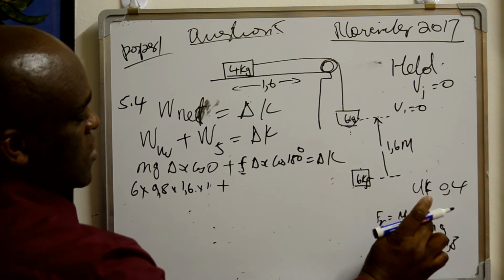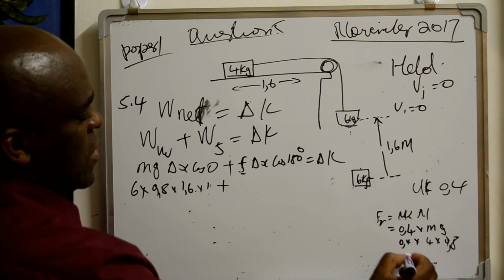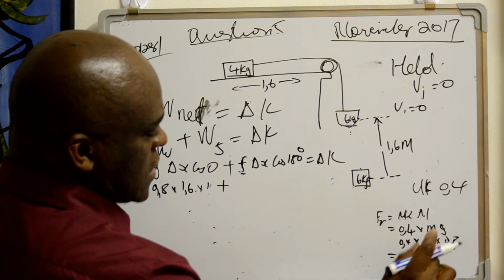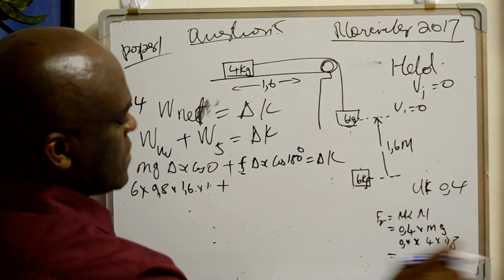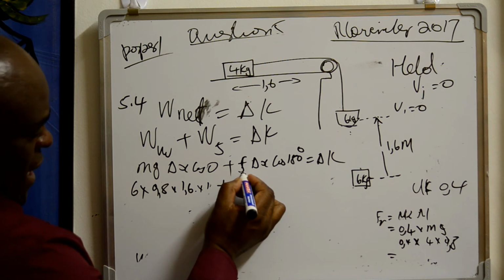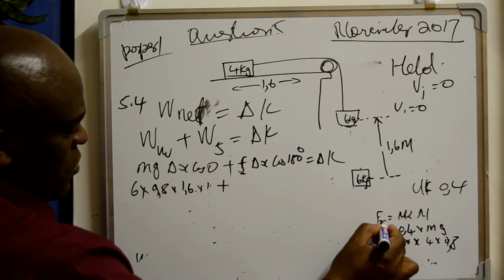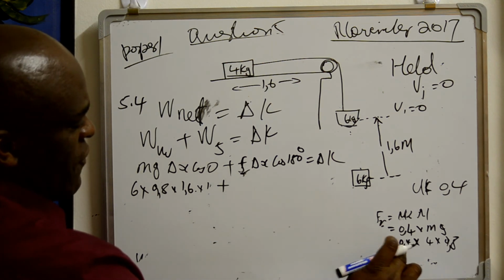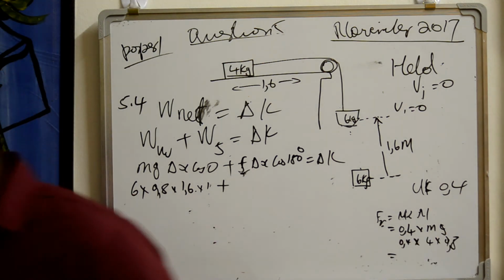Kinetic friction times normal: 0,4 times mg. Then you multiply 0,4 times 4 times 9,8 and you put it here as the friction.